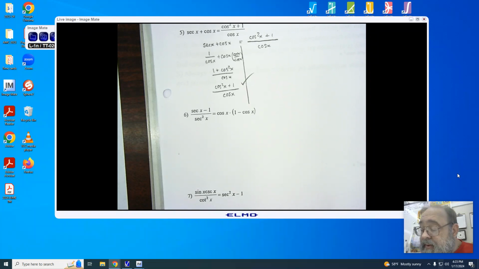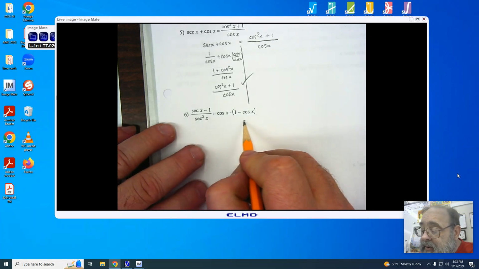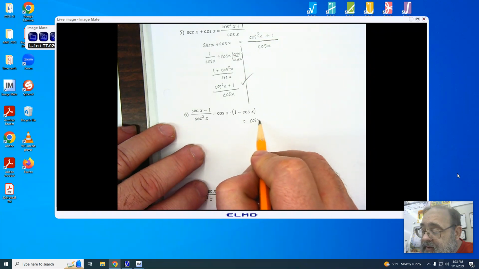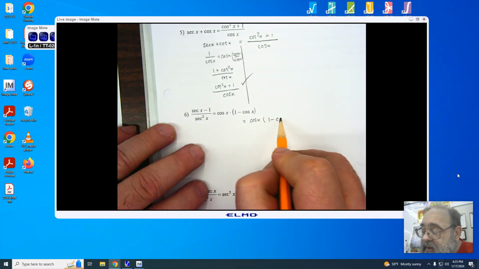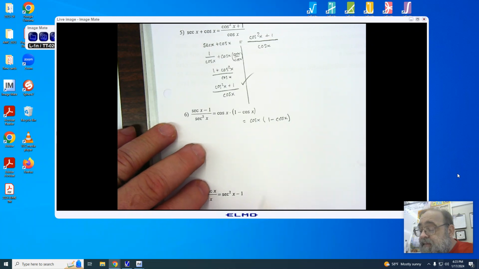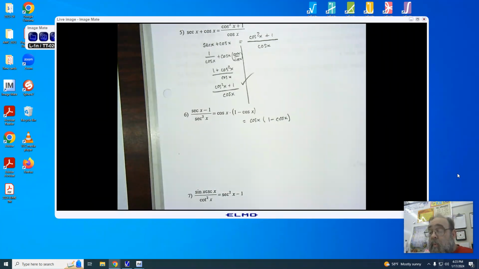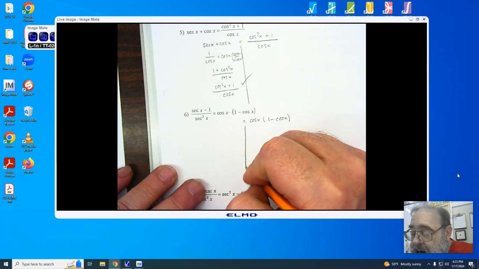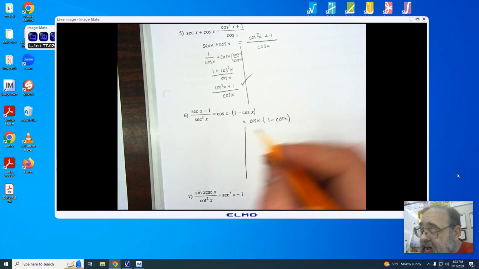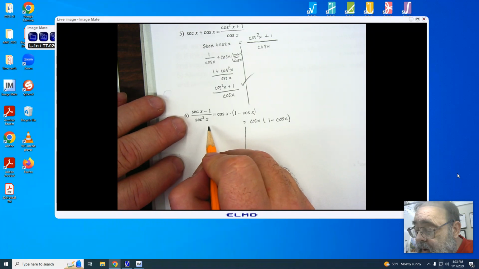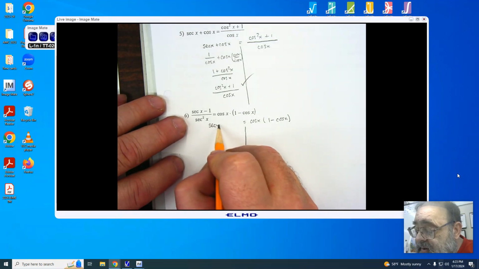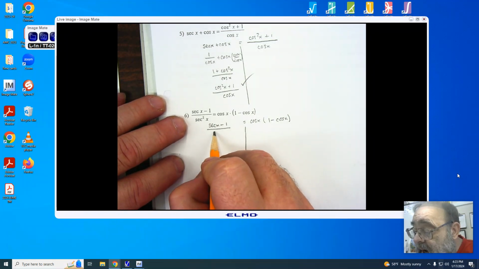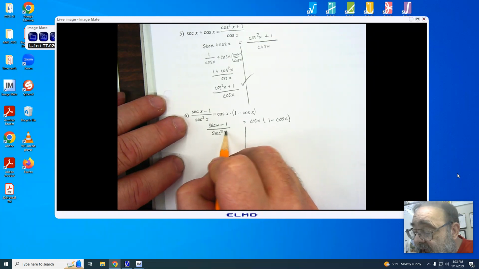So in number 6, divided into its two parts, cosine of x times 1 minus sine x. And if you wish, you can always work with the right side if you prefer to do that. I still like to work with the left side, and so that's what I'm going to do. So I have my secant of x minus 1 divided by the secant squared of x.